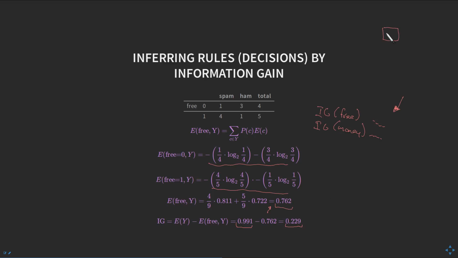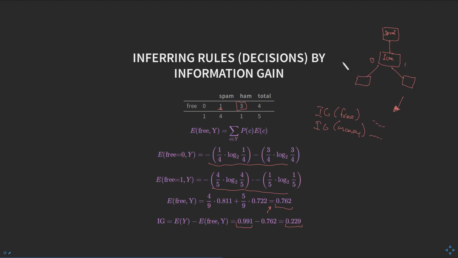So say that we wanted to go for spam. We decided to do it on the feature free. There's going to be some amount of instances that are classified under this tree and some under this tree. Given the fact that we assume that when free is 0, it's going to be ham, there's still one misclassification right here that we need to split up.